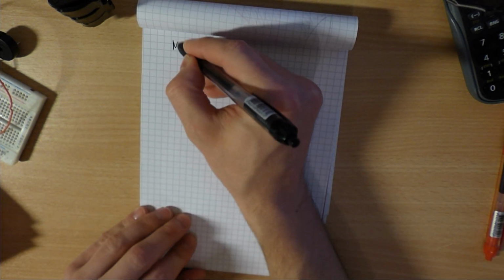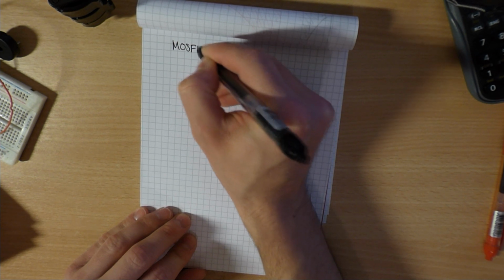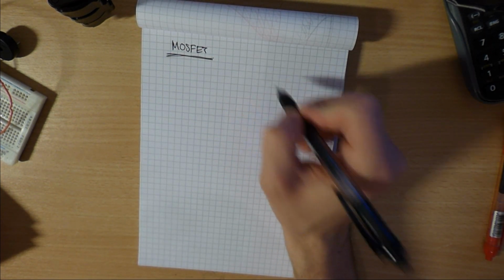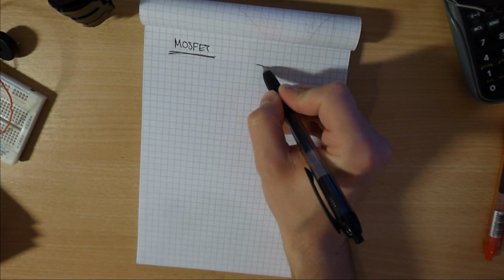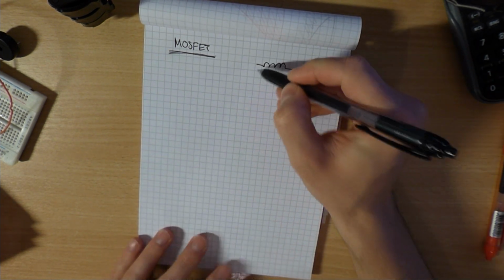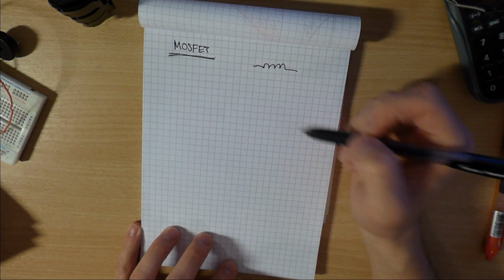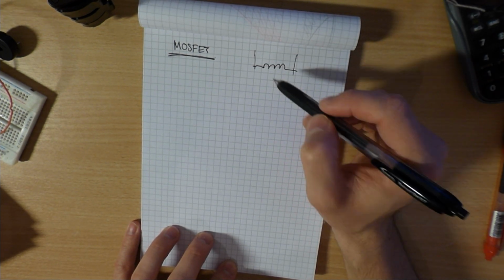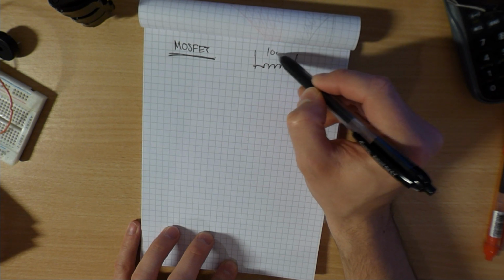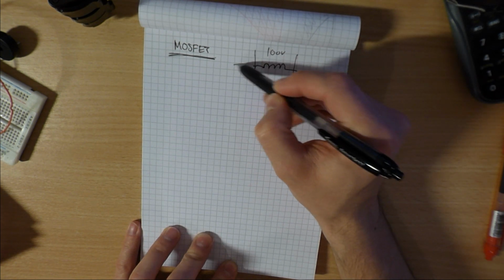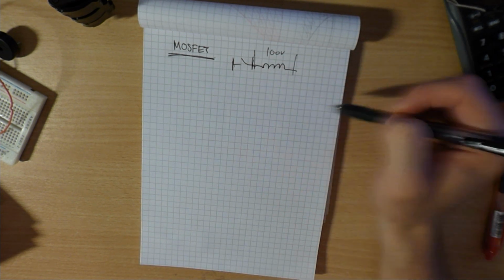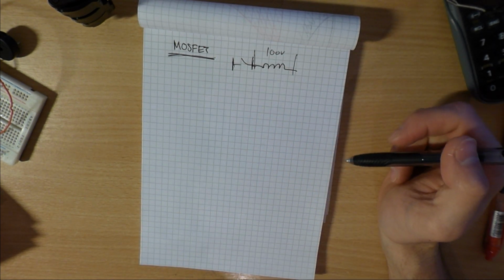So the first thing we're going to look at is the MOSFET. A few things you need to consider are what load you're trying to drive. I'm trying to drive a coil, which means that my MOSFET needs to be able to withstand the voltage that's seen across this. So if I'm providing 100 volts across here, then the MOSFET drain source needs to be able to withstand that much voltage.